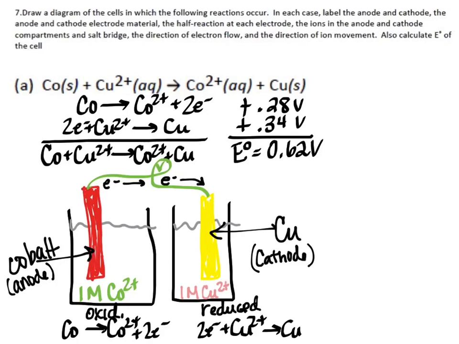How do we know which one to put in the solution? It has to be the same thing as the metal because it's got to pull electrons from somewhere. So this is going to start losing mass and dropping off ions. And here we have copper, and it's going to start building up onto there and pulling ions from the solution.